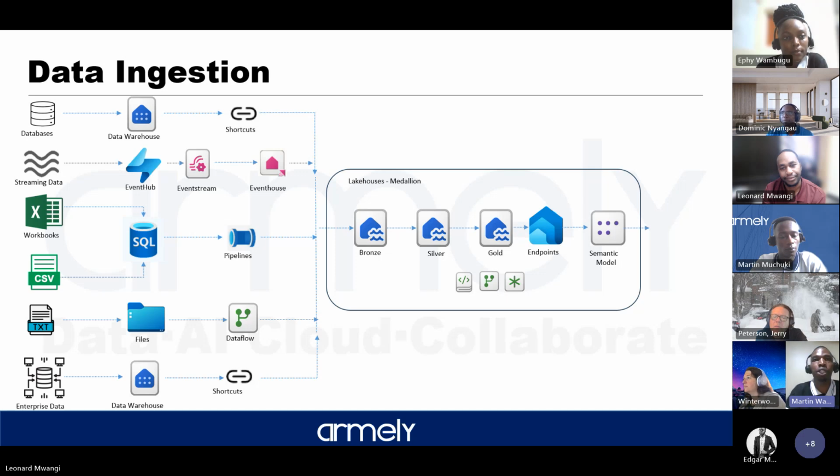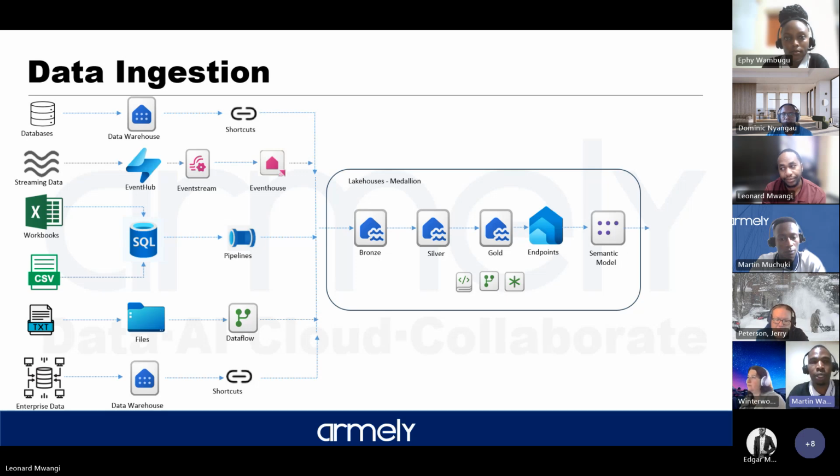By leveraging this design, organizations can ensure their data meets the principles of ACID, that is atomicity, consistency, isolation, and durability at every stage of the data. It's often referred to as multi-hop architecture because data is processed incrementally with each hop through the layers, refining it further. And as I said, we have 3 layers, that is gold, bronze, and silver.